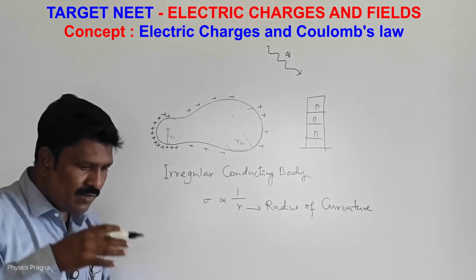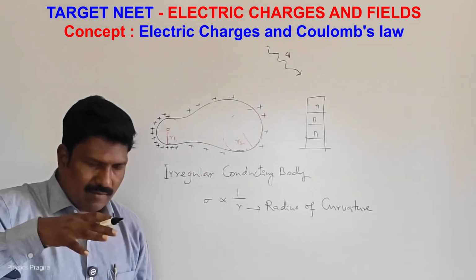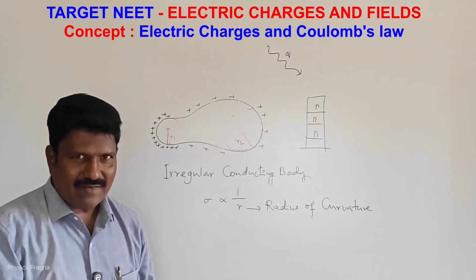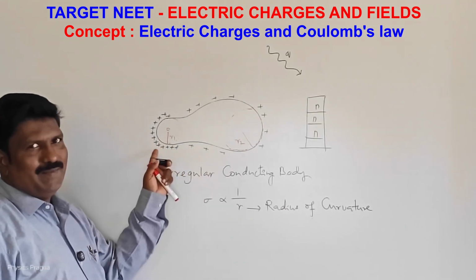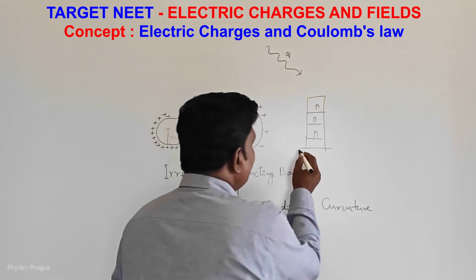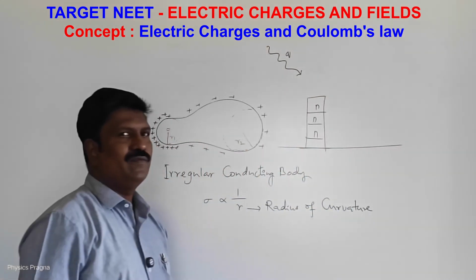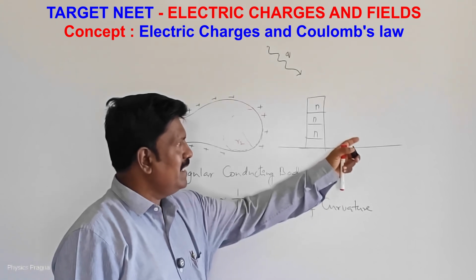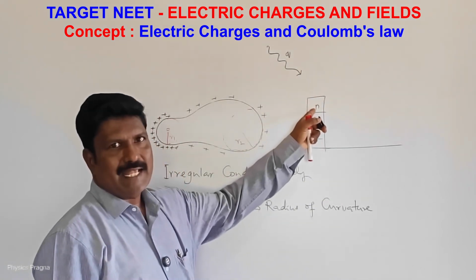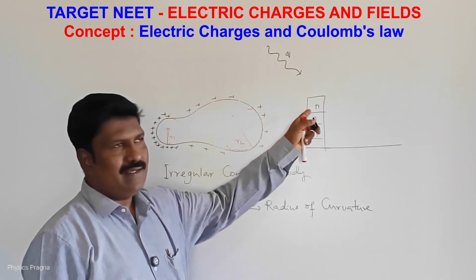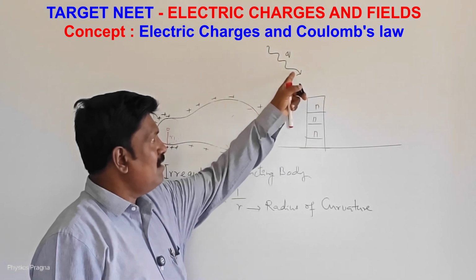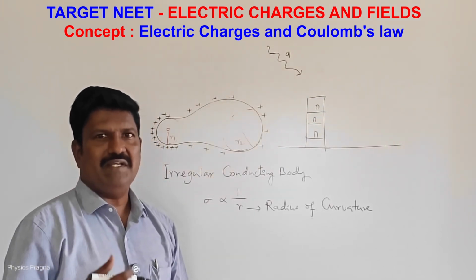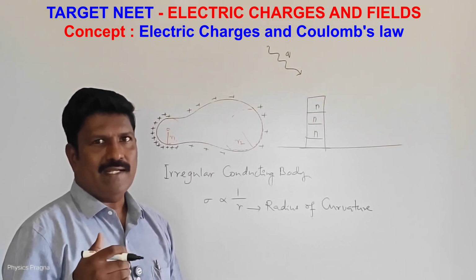From the clouds, the charge looks for where the radius of curvature is less so that it can accumulate. If there is a big free space, like a playground with nobody there, the skyscraper from the top has the smaller radius of curvature. So all this lightning will fall onto the building, and the building will be smashed and set on fire.